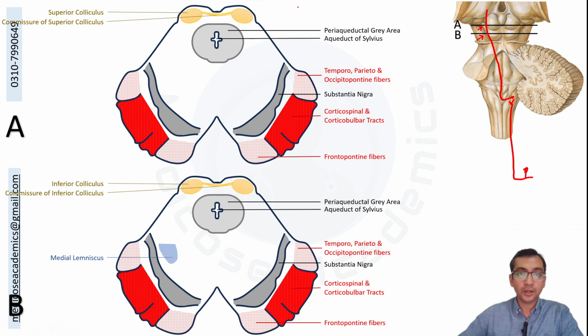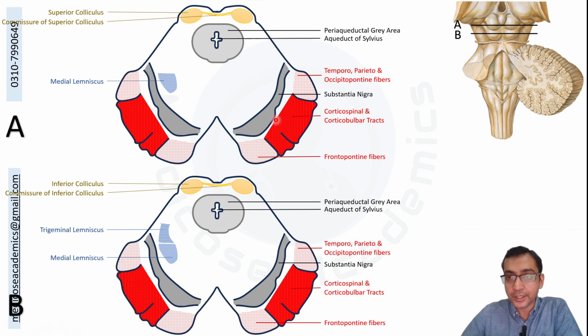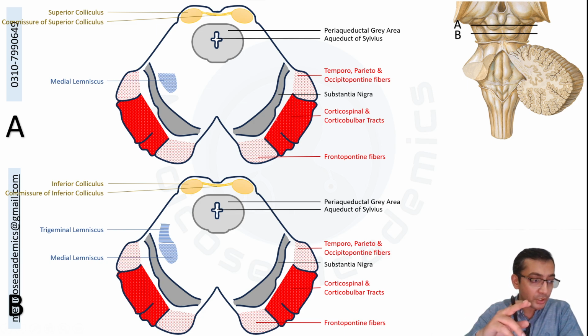Next to the medial lemniscus, at both levels you will be able to see them. Next is the trigeminal lemniscus. This lemniscus contains the fibers coming from all the sensory nuclei of the trigeminal nerve. If you have not seen them, I would recommend going back to the video of the pons, in the cross-sectional anatomy, where I discussed the trigeminal nucleus in detail.